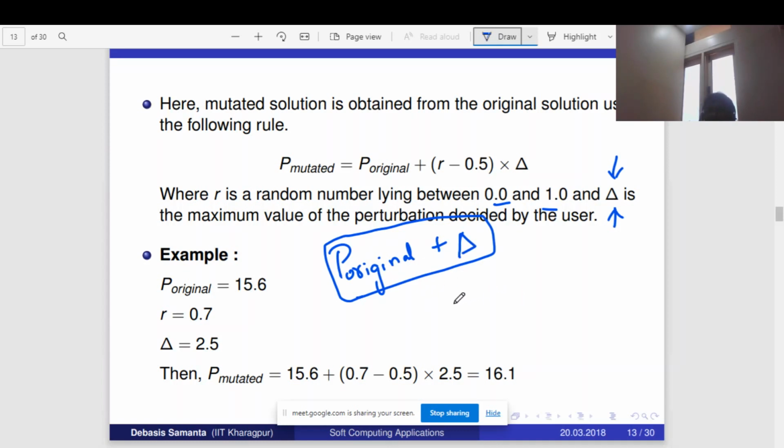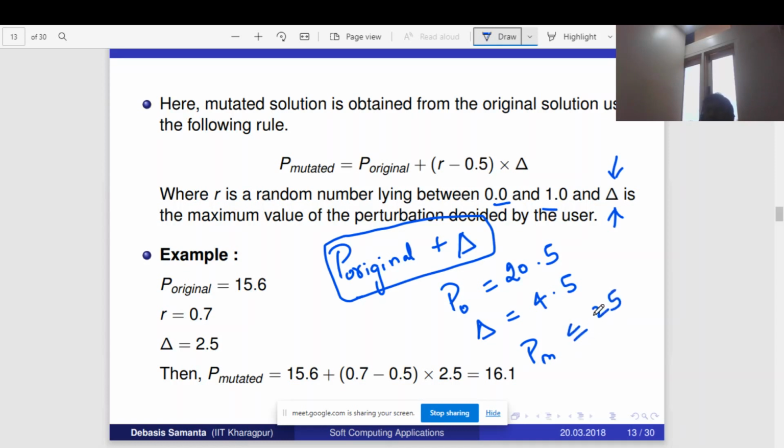For example, say P original, PO in short, is equal to 20.5, and delta is equal to 4.5. Then PM will not be greater than what? 25, right? So it will be less than or equal to 25.